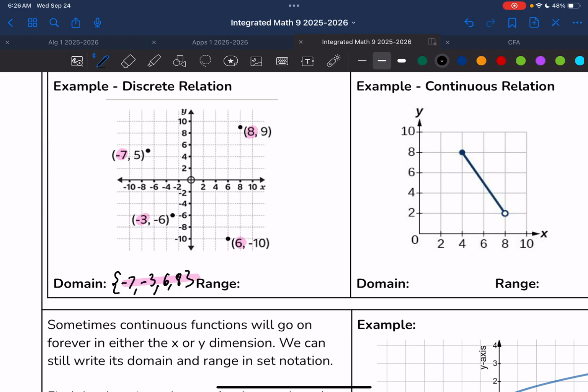And we always write them from least to greatest, right? So whether you're doing domain or range, write them from least to greatest. So for the range, it can be -10, -6, 5, and 9, right? Those are all the y values that the function can take on. Again, written from least to greatest.